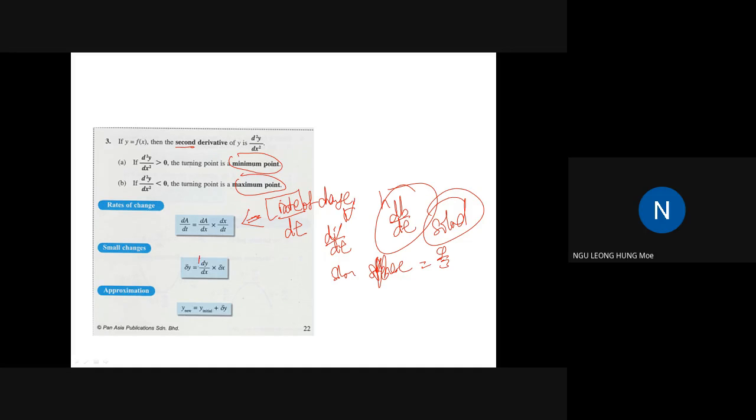Small change, okay, small change. This is we substitute the s value with the new one. This one is the original one. This one is the new x. Okay, the small change.